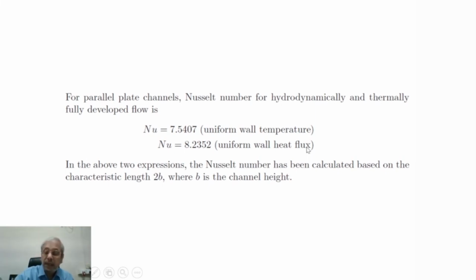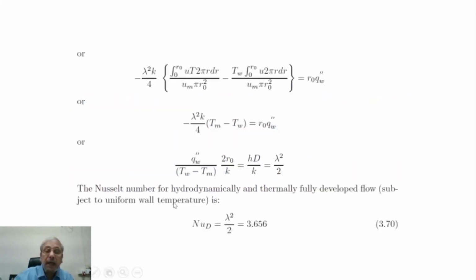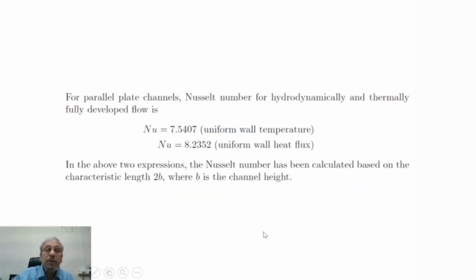Now for tube flow or pipe flow, for uniform wall heat flux it is 4.36 and for uniform wall temperature it is 3.65, whereas for parallel plate channel, for uniform wall temperature it is 7.54 and for uniform wall heat flux it is 8.2352.